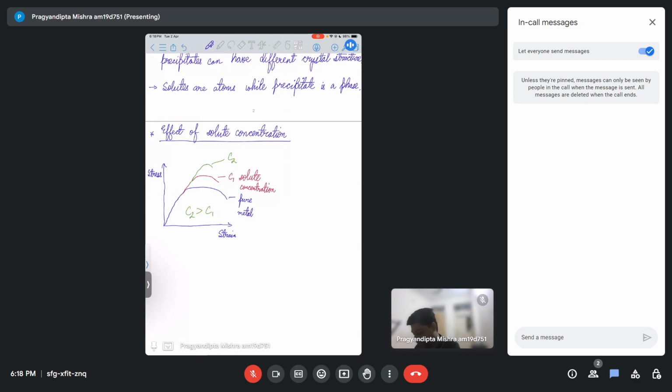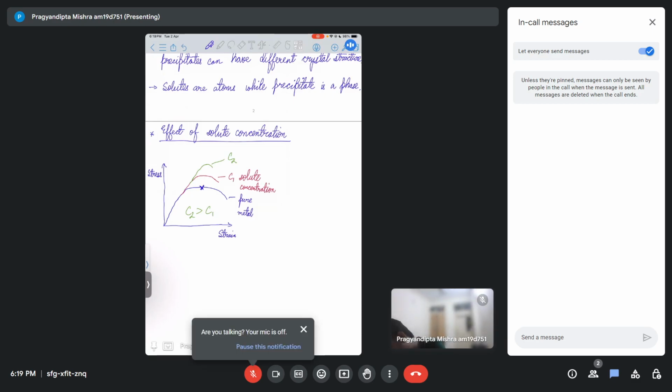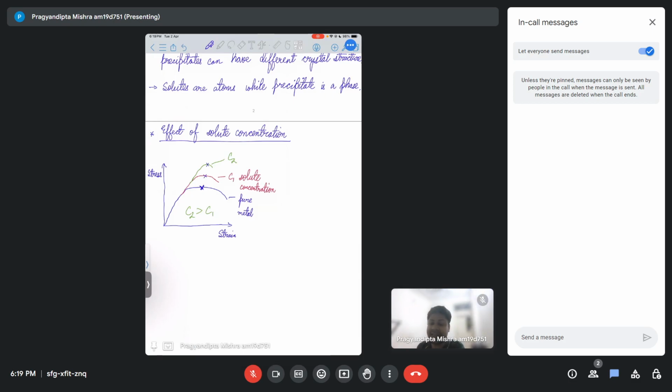So what is the important thing that we are noticing? With increase in the solute concentration, the maximum value of stress keeps moving up. That is, the strength will keep increasing. But also, you can see that ductility is decreasing. The length of the plastic region is decreasing.